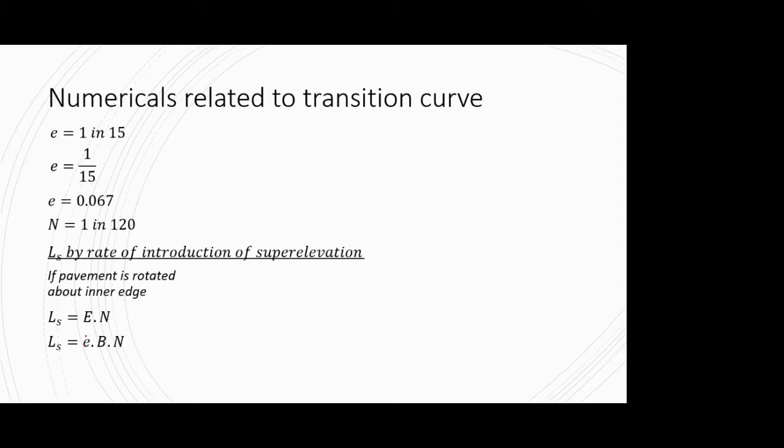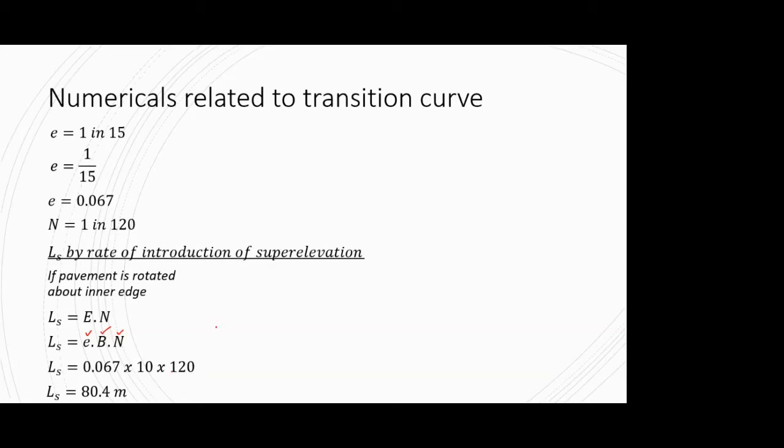So we know all these three values. We know the value of e, it's 0.067, b we know it's 10 meter, and N is 120. So substituting the values, you get the length of transition curve as 80.4.